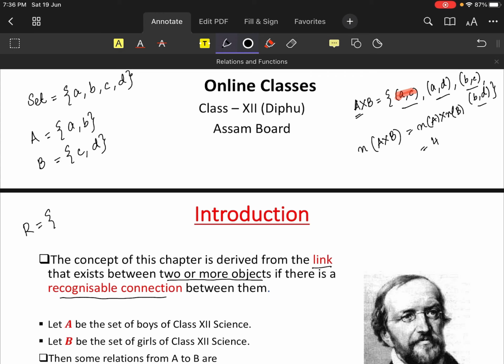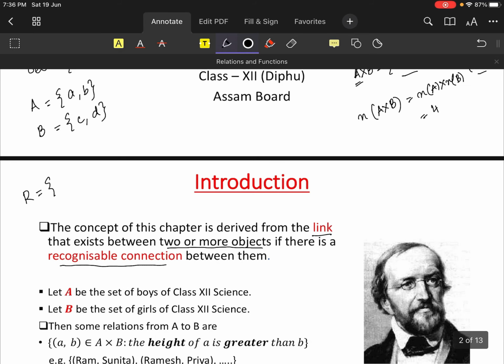Let me just show you an example about this relation. Suppose there are two boys and two girls. There is Ram, there is Rahul, there is Sunita, and there is Priya. There are two boys and two girls.